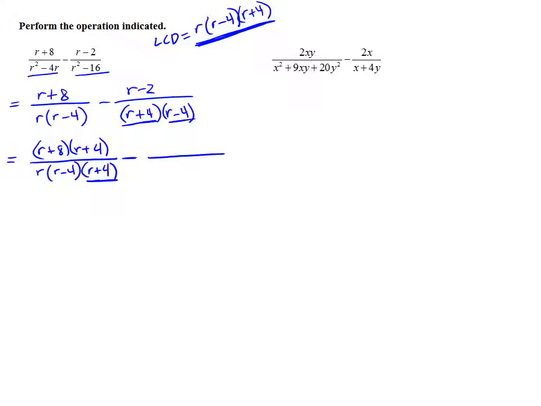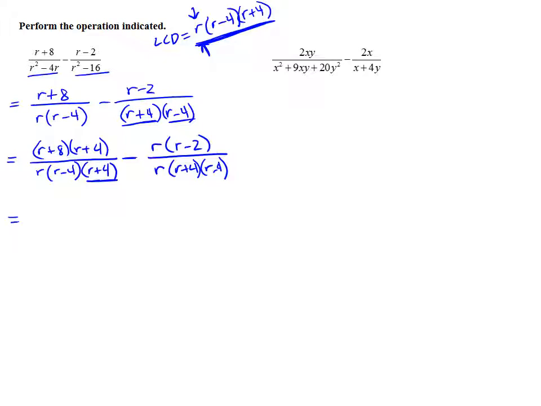Minus, and then in the second fraction, what I'm missing is the r to have that common denominator. So I'm going to multiply the r at the beginning times r plus 4 times r minus 4. And I have to multiply it as well in the numerator. So I have r in both the numerator and denominator that I needed to build up the fraction to have the LCD.